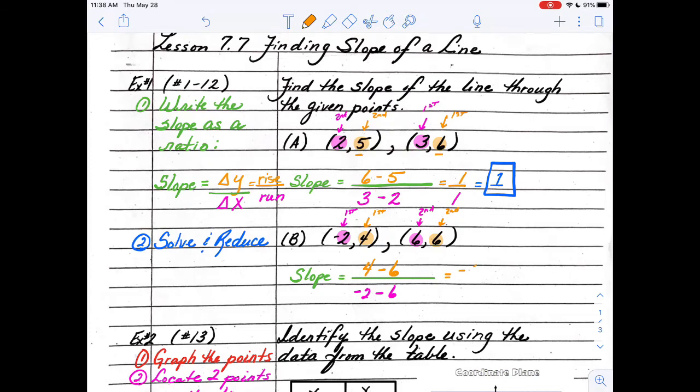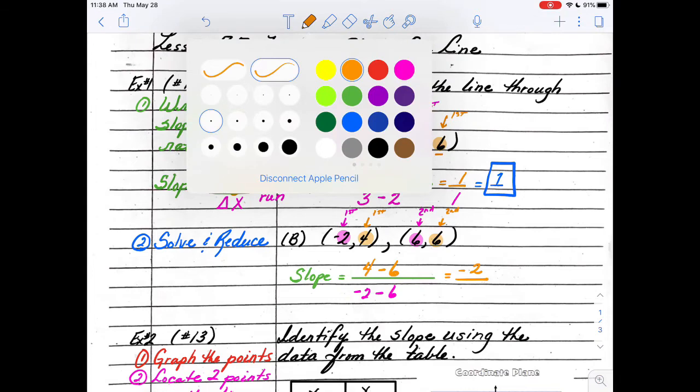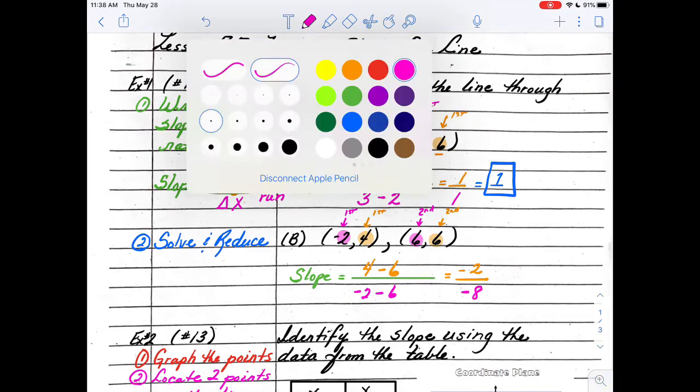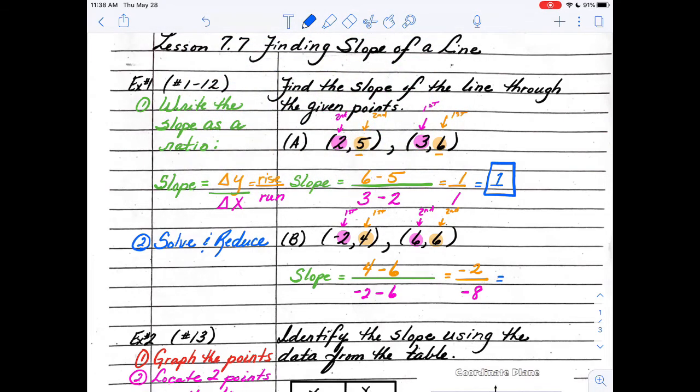Well, my numerator is going to be -2 over -2 minus 6 is -8. And let's reduce. Well, first of all, a negative divided by a negative gives me a positive. And if I divide both of those by 2 to reduce it, that gives me a positive 1 over 4. So my slope for that is positive 1 over 4.